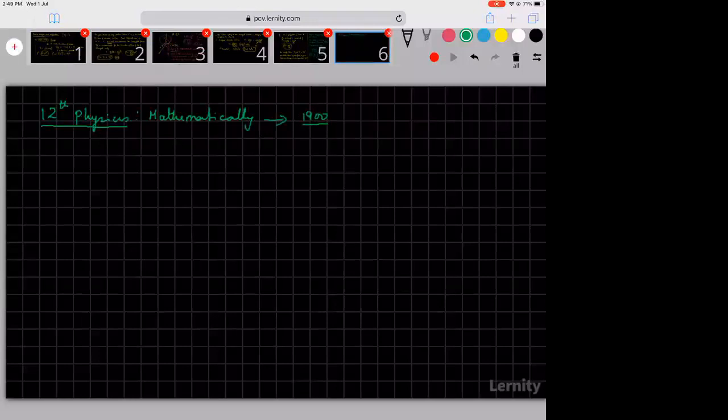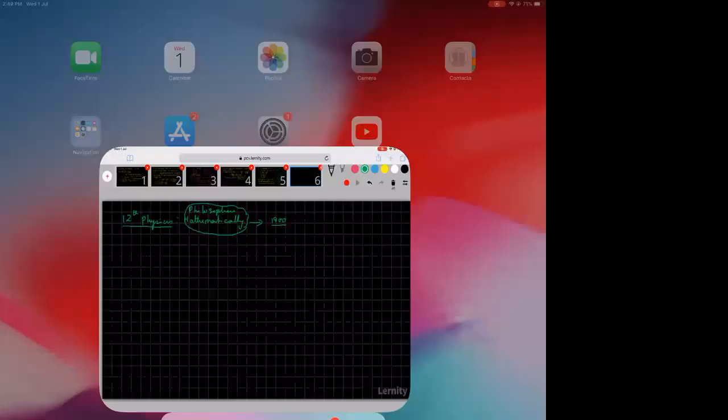Before that, they were all mathematicians, philosophers and mathematicians. These guys were doing experiments, and based on those experiments, they have come to these conclusions. So if you are done, I will move ahead.